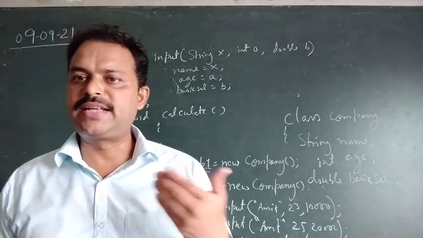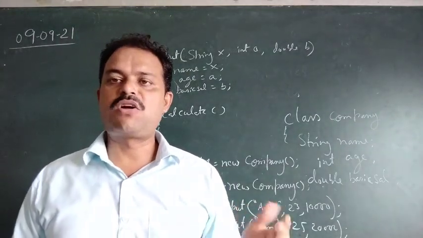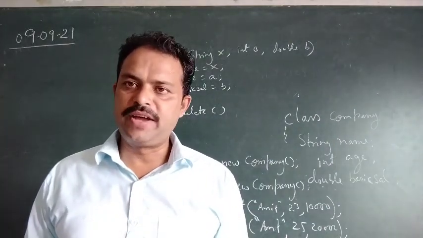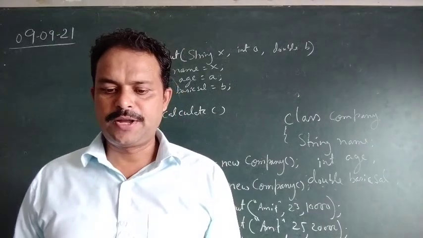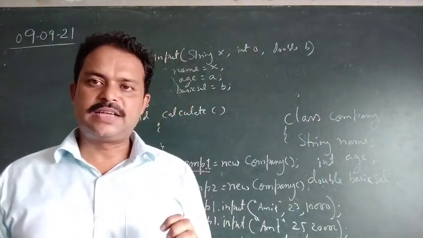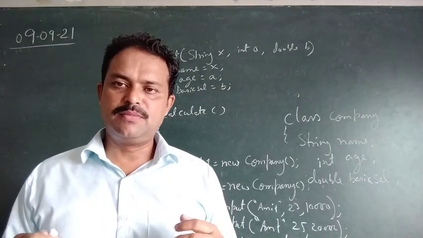If they give an option other than these, they are not the characteristics or features of an object. Okay. Now, after discussing the class and the object, let us move to the next step.